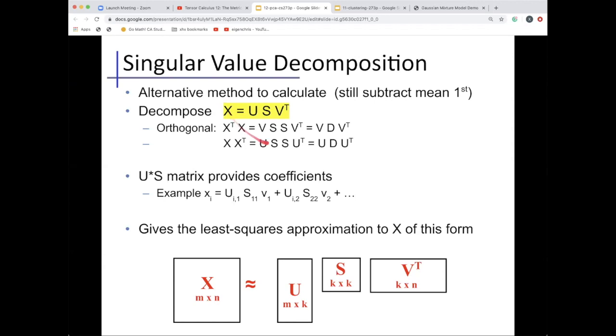However, you can see how this USV is related to the covariance matrix, because the covariance matrix is simply X transpose X, if it has zero mean, right? In that case, the covariance matrix can be decomposed as VDV transpose, which means VDV transpose is an eigenvalue decomposition of the covariance matrix.